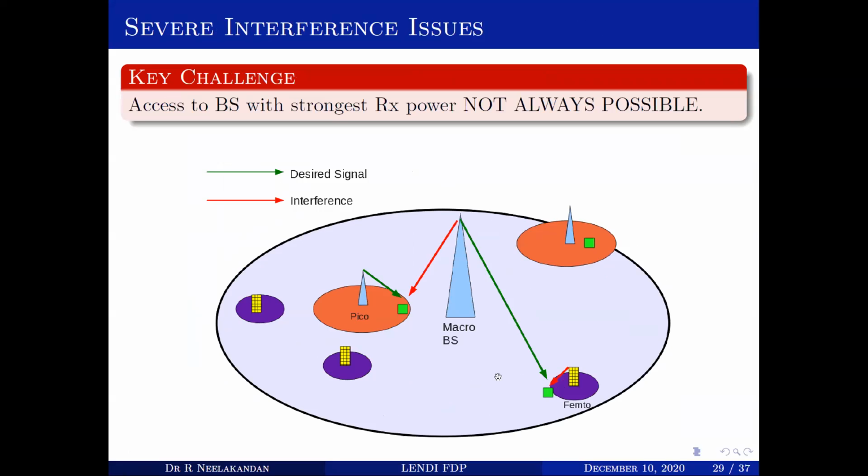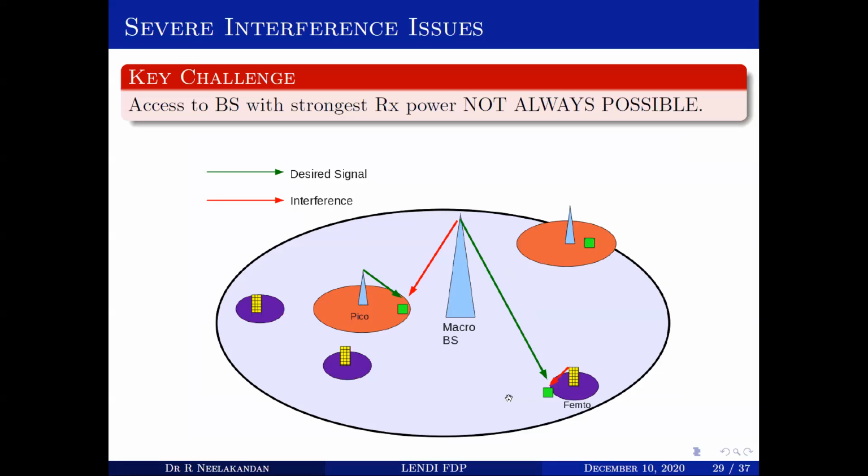Think of a scenario. You have a mobile which is very close to a femtocell. This femtocell is, for example, your Wi-Fi in a building. I have come to your building, and your Wi-Fi will not give me access like a femtocell. So I have to connect to the faraway macro cell. In that case, the closer tower will give me severe interference.